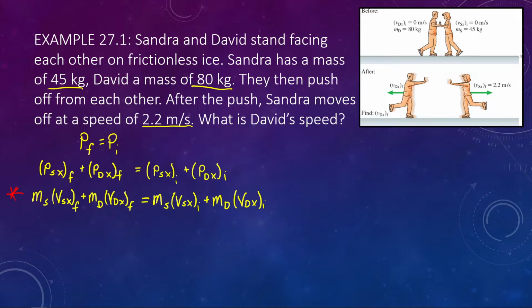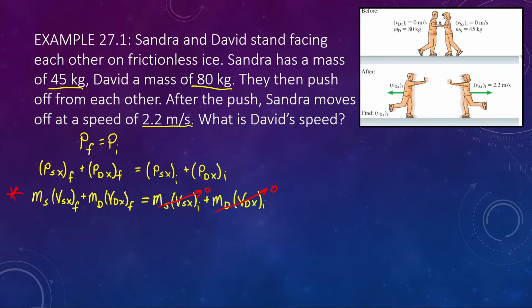So think about the context of this problem. Initially, both Sandra and David are at rest. They are not moving initially. They're just standing there. So the initial velocities of both of them are 0, and anything times 0 is 0. So this whole term and this whole term, both initial terms, go to 0. They're both equal to 0 because they're not moving.